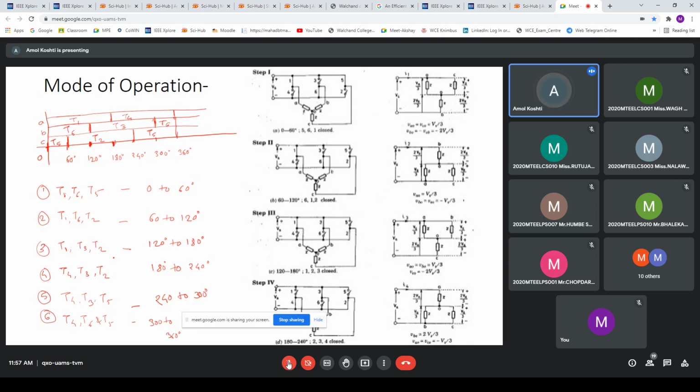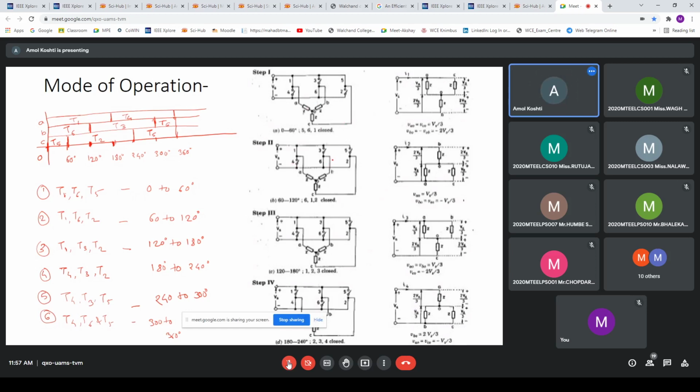Why is this combination necessary? Because we have to produce the two level output. In MATLAB also we can simulate this, or we can write a code for this. This is the switching topology, and through this switching topology these modes of operation are developed.